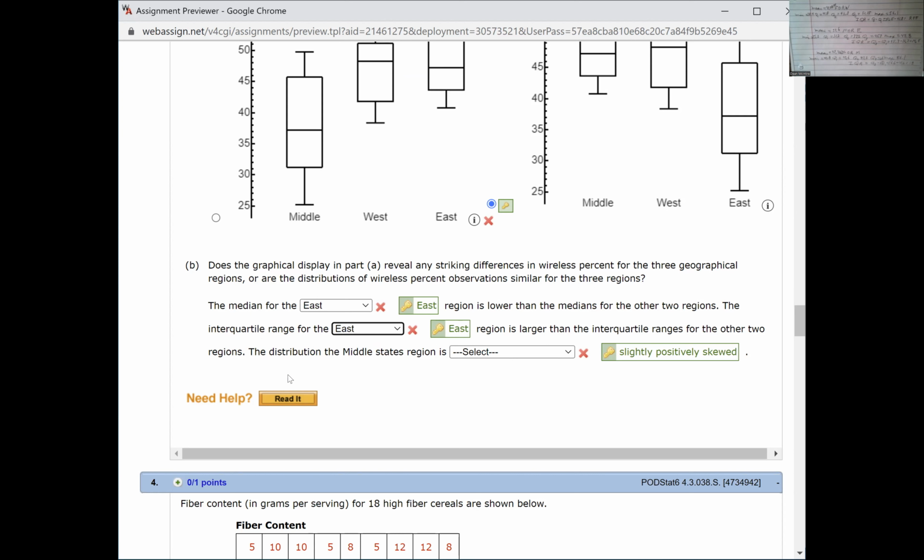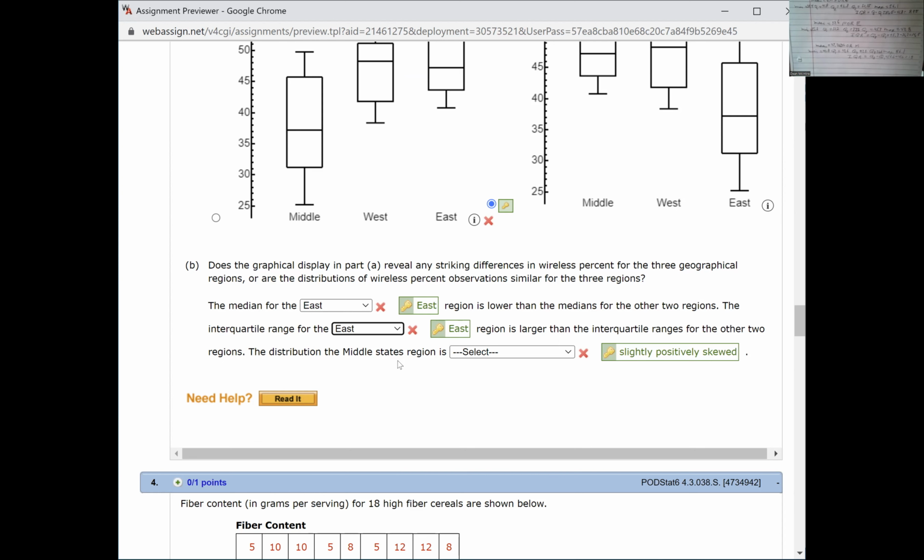The distribution of the mid-states region, okay, the mid-state region is the M. And for that, we had a median of 47.2, and we had a mean, here's the mean, of 47.9263, which is slightly larger than the median.